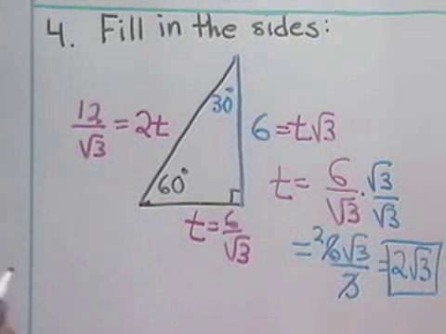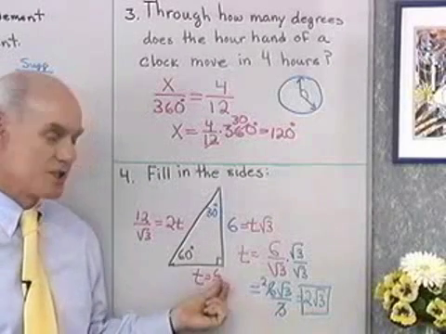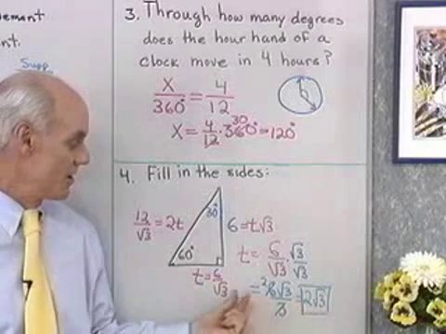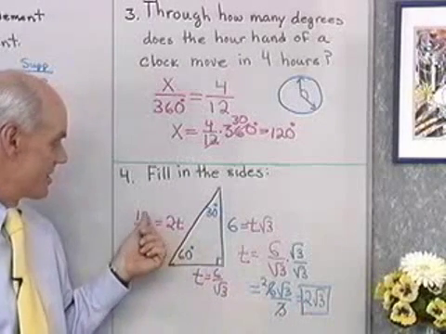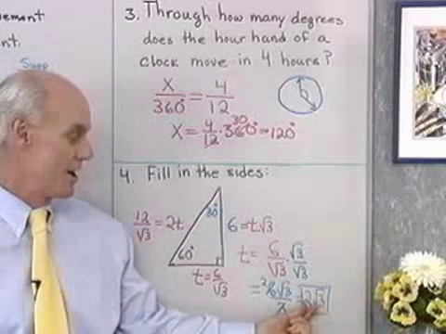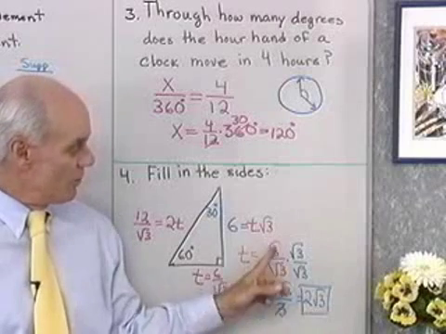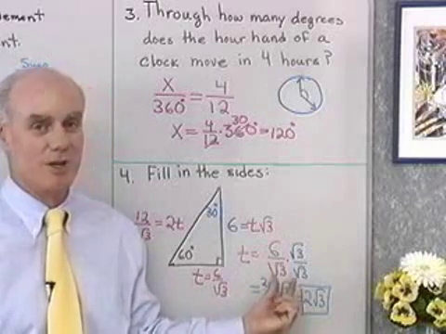So the answer 2 square root 3 is going to be correct for t, and also 6 over square root 3. This expression and this expression are equivalent. So then my longest side will be twice that. That's either 12 over square root 3 or twice this, which would be 4 times square root 3. So we don't always rationalize the denominators in trigonometry, but you need to know how to do it in case we do.